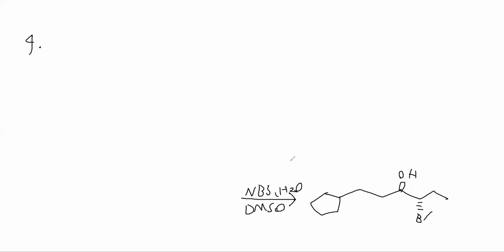So, working backwards from this product, what kind of substrate do you think we would have? We used this reaction, NBS and water, to get that product. What did it react with to form that? I'm going to number these two.